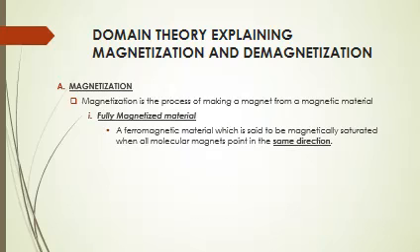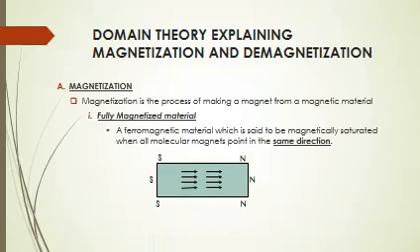A fully magnetized material is when a ferromagnetic material is said to be magnetically saturated, which is when all molecular magnets or domains point in the same direction. So when the material is fully magnetized, you see that all these molecular magnets point in the same direction.